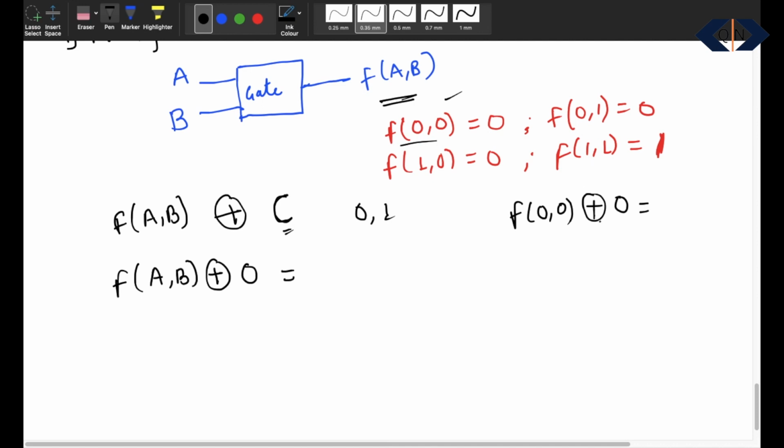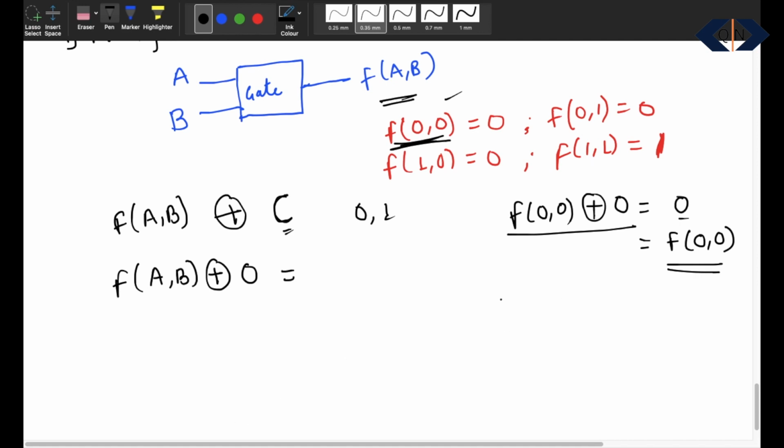F(0,0) is 0, and 0 XOR 0 is again 0. So we know that 0 is F(0,0), so we can easily say that F(0,0) XOR 0 is again the same function, right?